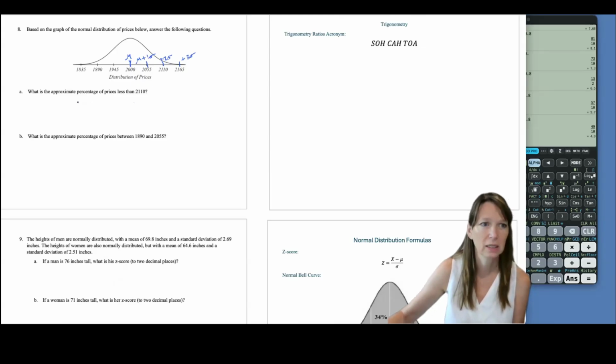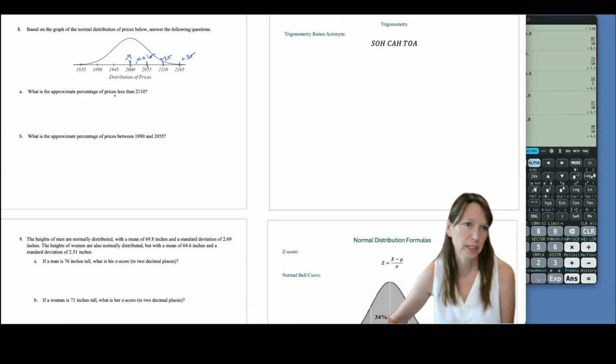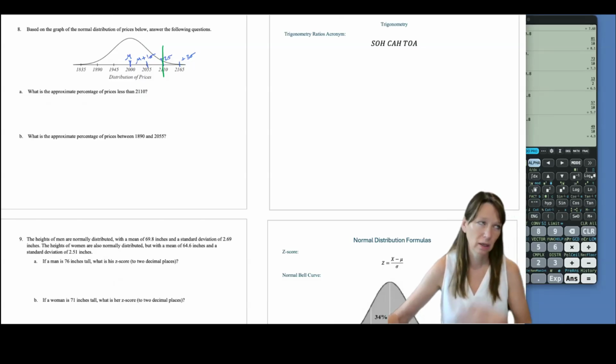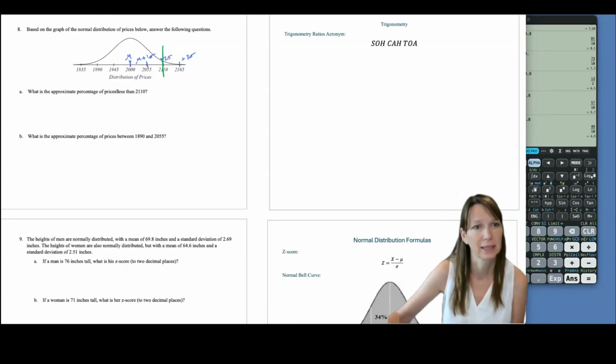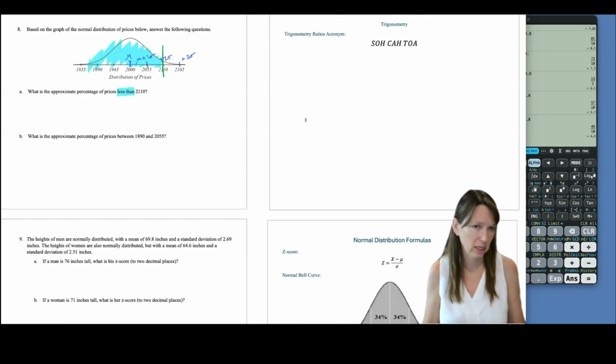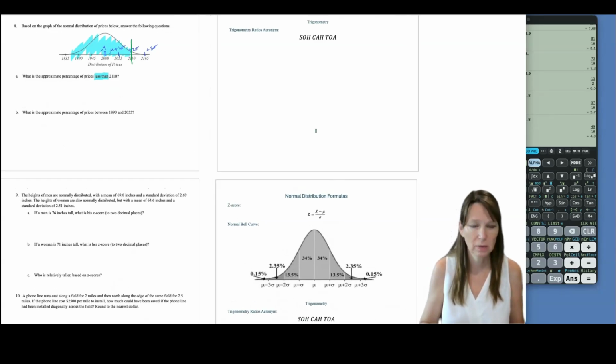So if I asked, what is the approximate percentage of prices less than 2,110? You're going to find where that's at, right? And then determine, am I looking above or below that? Because I said less than, I'm going to look below it. Okay, and if I look at my percentages given to me, I'm just going to look down here in this bottom corner.